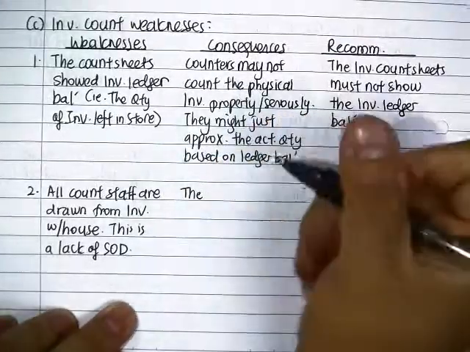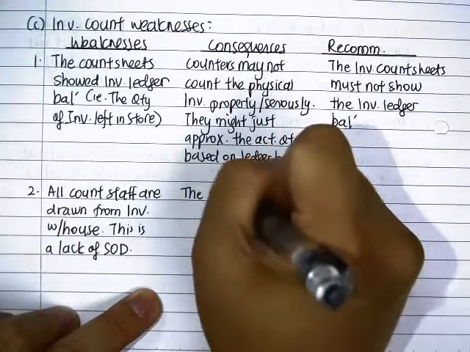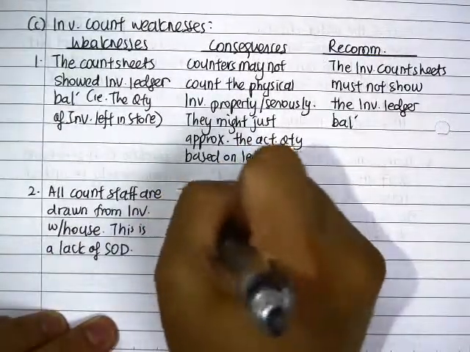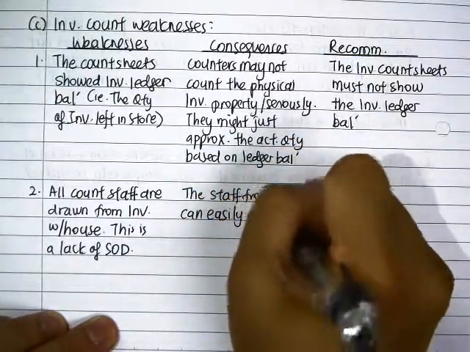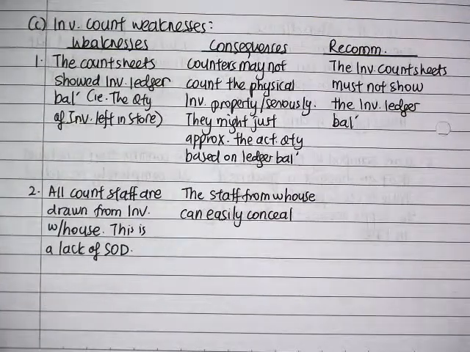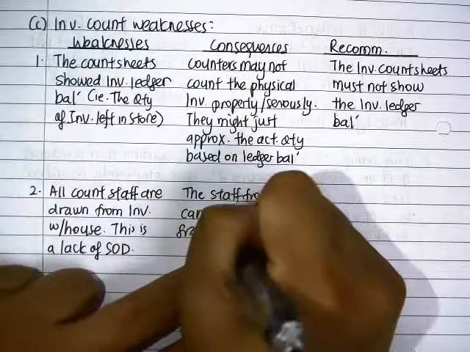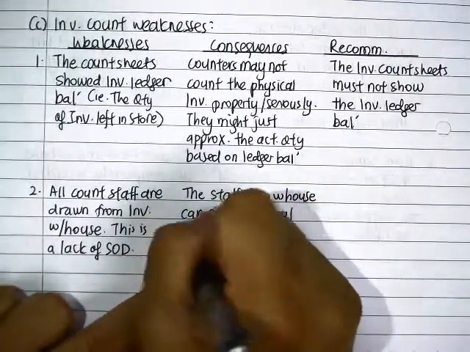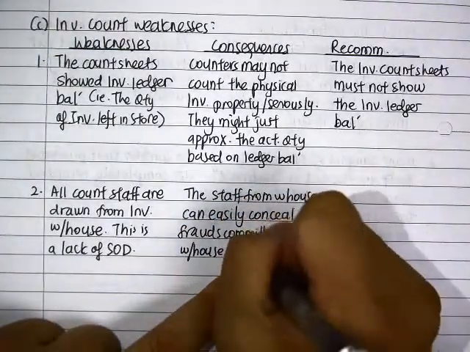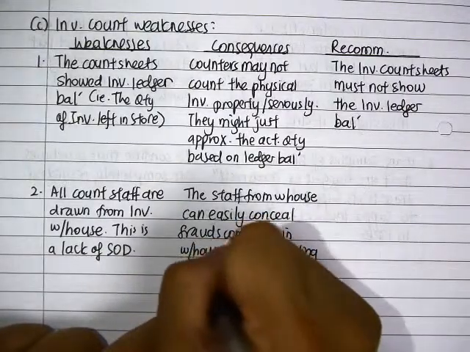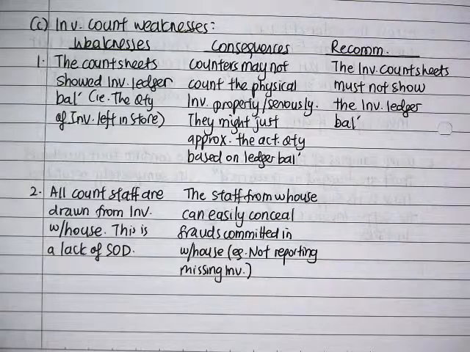Then the staff from the warehouse can easily conceal whatever fraud or problems in the warehouse, for example, by not reporting the missing inventory. So they know that they've stolen the goods, so when they count that time, they inflate back the figure. So this is the risk that we see. Okay, so that's the consequence.